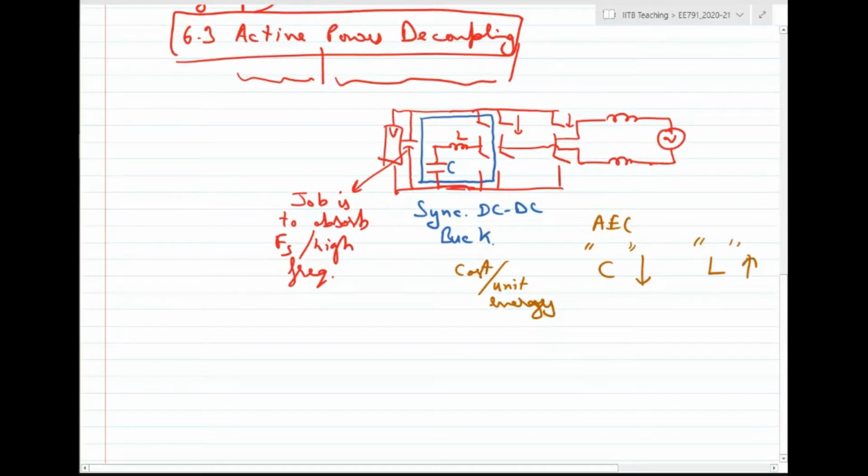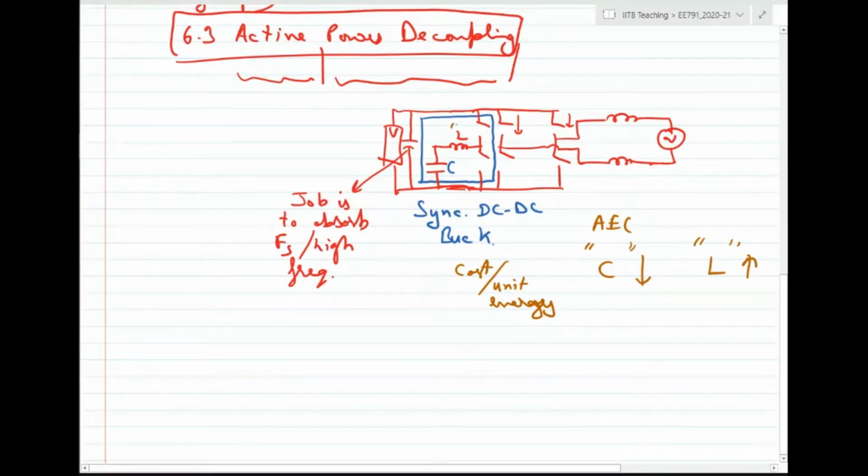Inductors are usually bulky for the same energy, and also more costly. Therefore, in this buck circuit, usually we add a good amount of capacitance to take care of the low frequency power.